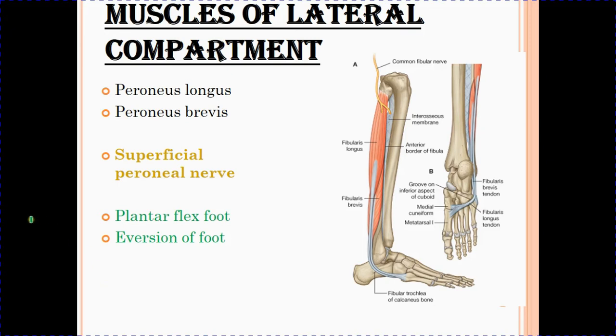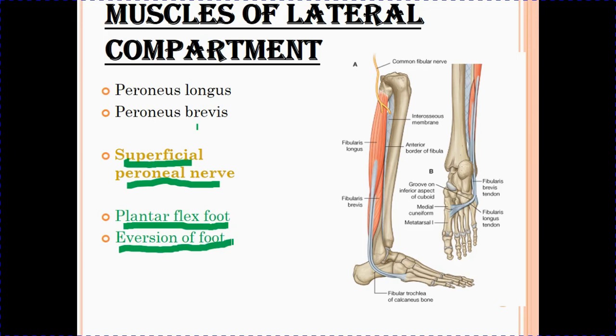Two muscles in this region we said, peroneus longus and peroneus brevis. Both of them are supplied by the superficial peroneal nerve, and these muscles are responsible for plantar flexion of the foot and eversion of foot. Now, what do I mean by plantar flexion of foot?